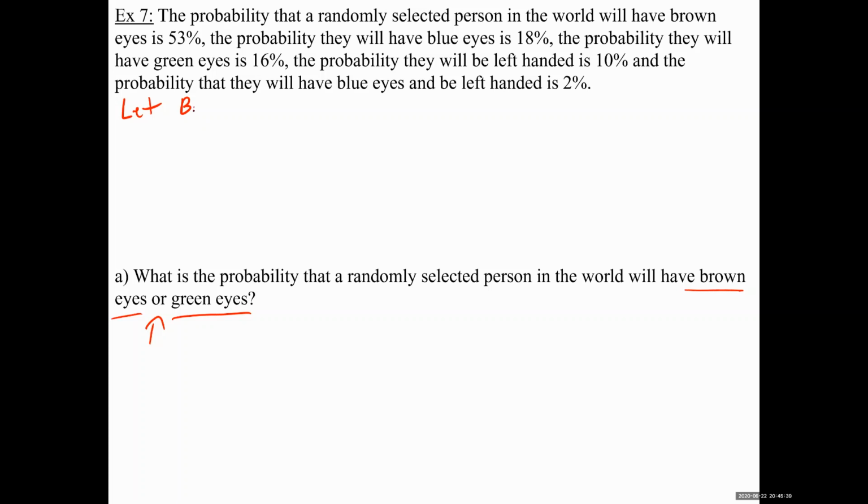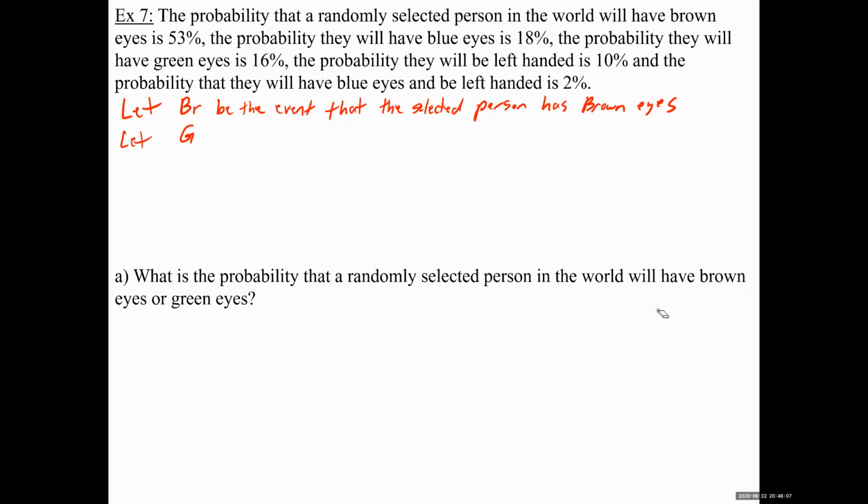Let BR be the event that the selected person has brown eyes. And then we need something for green eyes. So I'll just use G for green eyes. Make sure that if I don't give letters to you for an event, you write them down for me at the very beginning. Let G be the event that the selected person has green eyes.